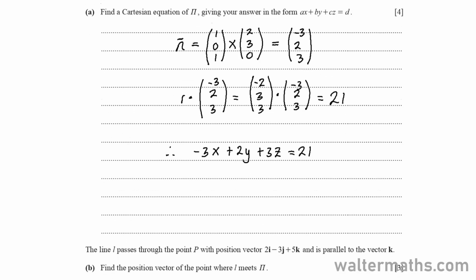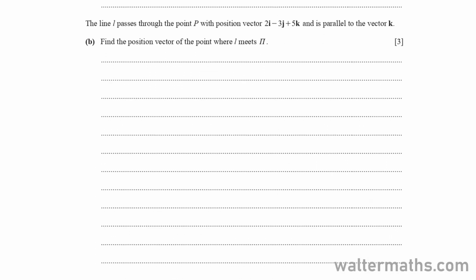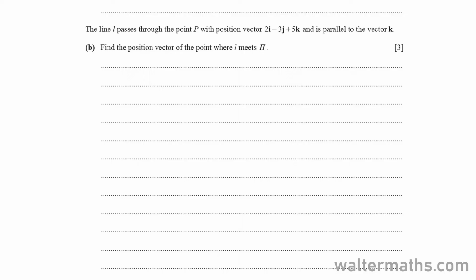Let's go on to part B. The line L passes through the point P with position vector 2i minus 3j plus 5k and is parallel to the vector k. Find the position vector of the point where L meets pi.